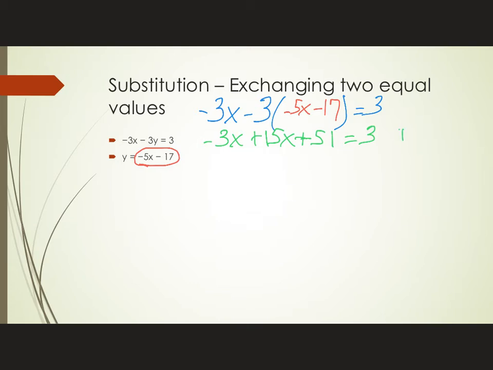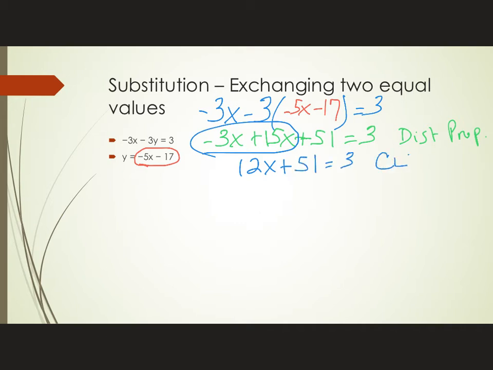And this is my distributive property, dist prop. Remember, you still got to do those properties. Then we're going to combine some like terms. I can combine these terms right here, which gives me 12x plus 51 equals 3. That's CLT. Then I'm going to subtract 51 from both sides.